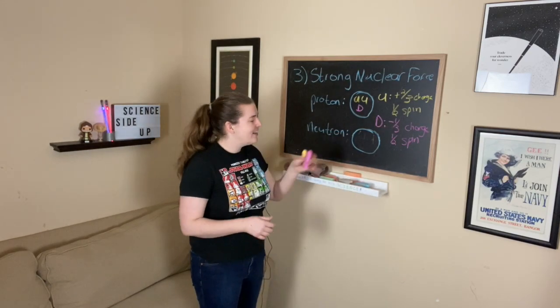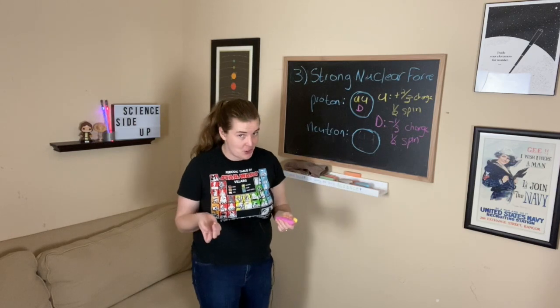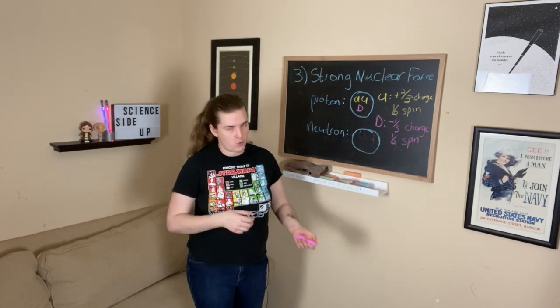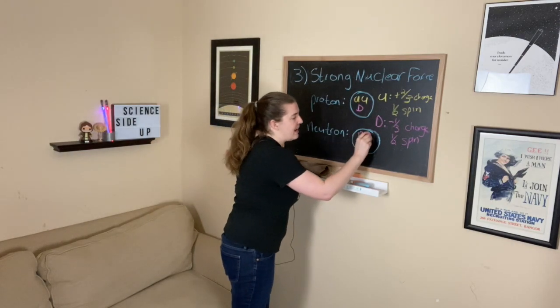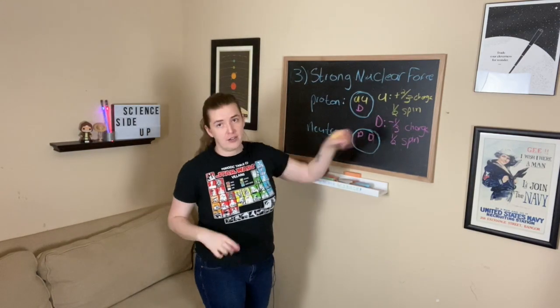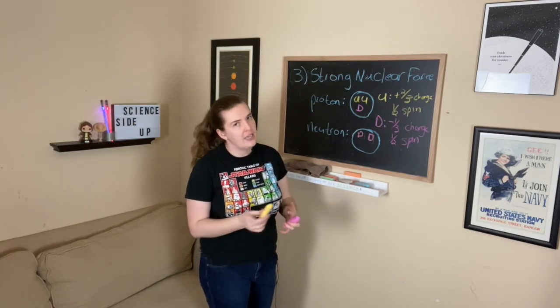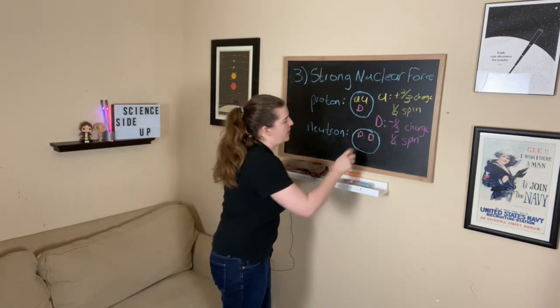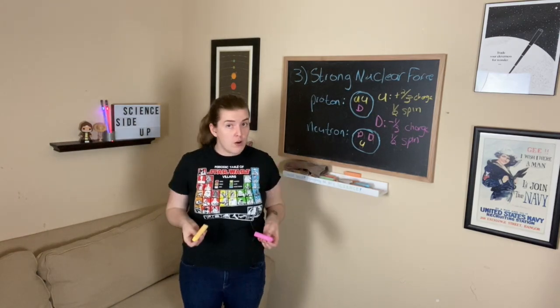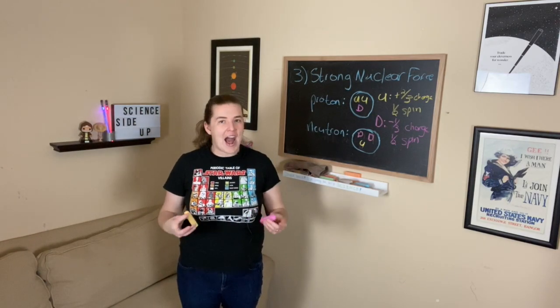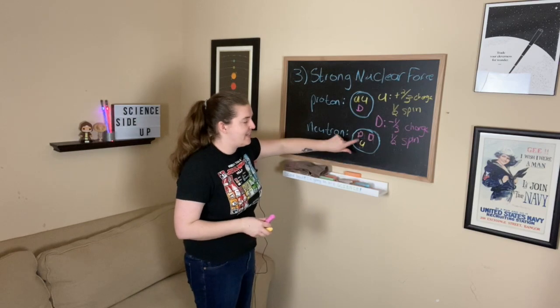Now a neutron, we know has no charge, so we can already guess what type of quarks it's made of, right? We need to have 2 down quarks, each with their -1/3 charge, to cancel out the charge of 1 up quark. So the nuclear strong force acts really between the up and the down quarks.